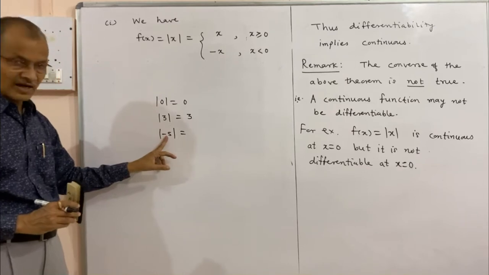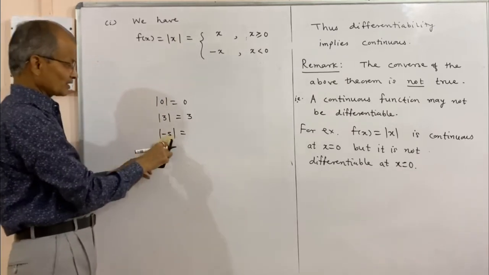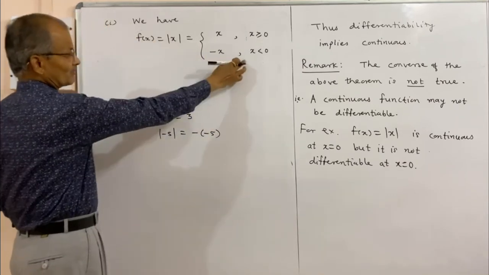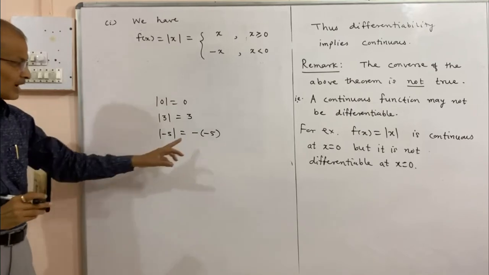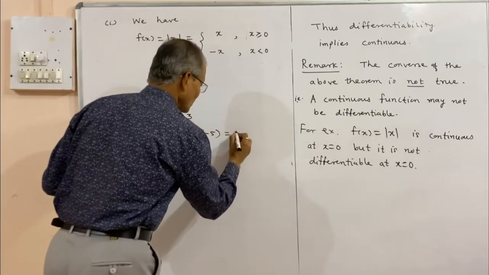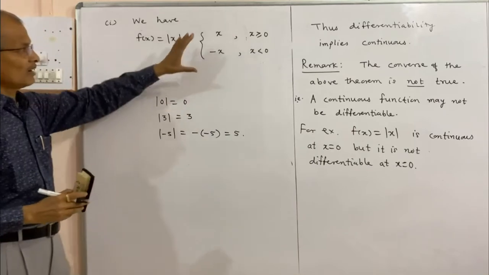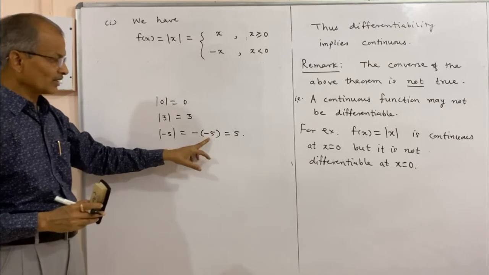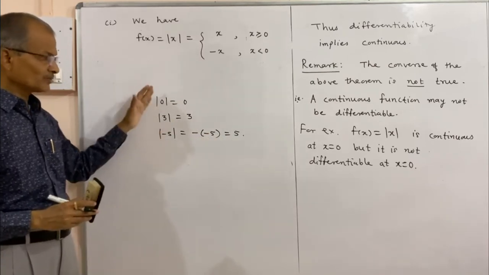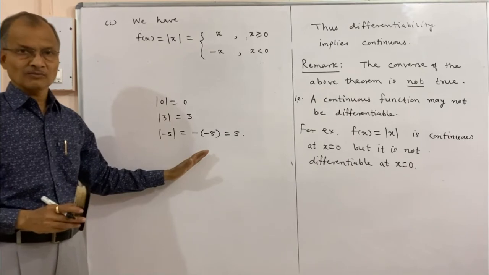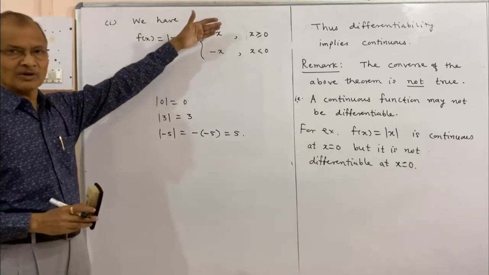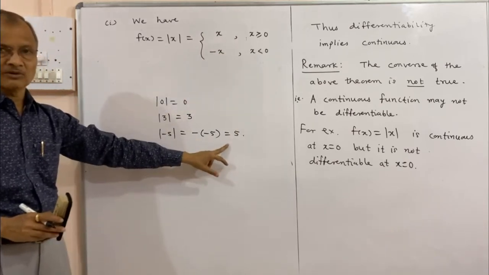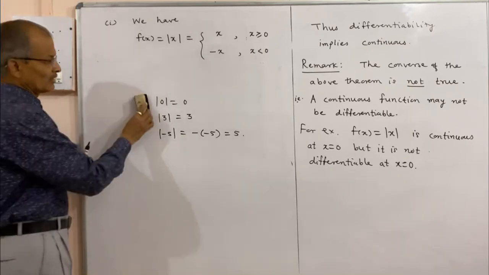What is x here? Minus 5. So this is negative of minus 5, which is the same as 5. We have to understand the definition correctly: if the number is itself negative, negative of negative becomes positive. That means the modulus or absolute value function is always non-negative. If it is a positive number, it stays the same, but if it is negative, take its negative, then it becomes positive. That is the meaning of the absolute value function.